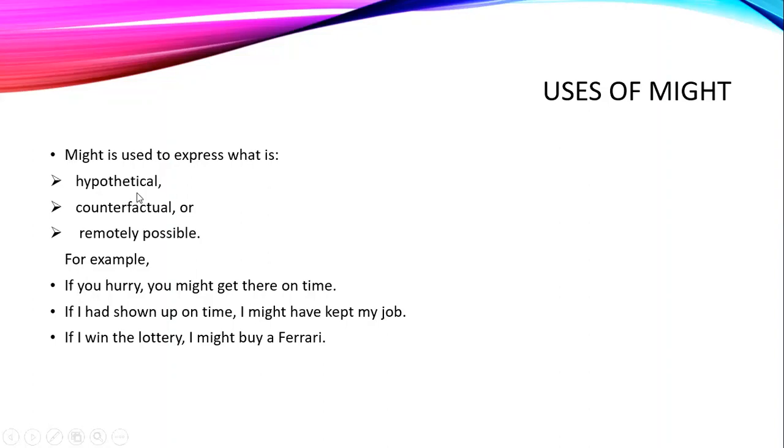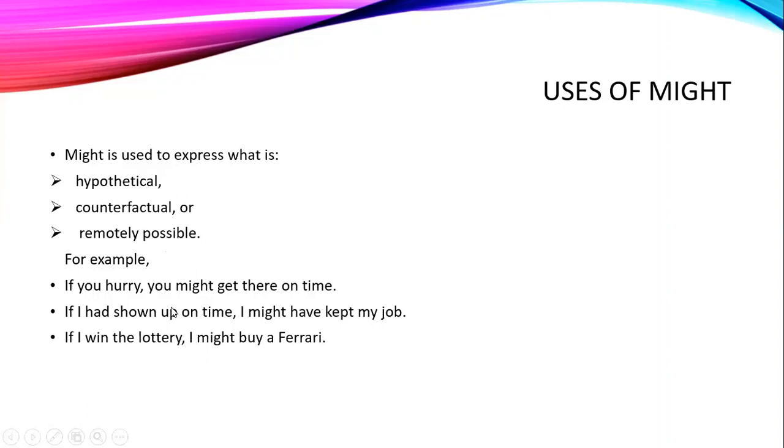He knows that he will not. It is remotely possible. That it is not possible. Hypothetical. This is hypothetical. If I had shown up on time, I might have kept my job. Okay? This is remotely possible. Hypothetical and remotely possible.